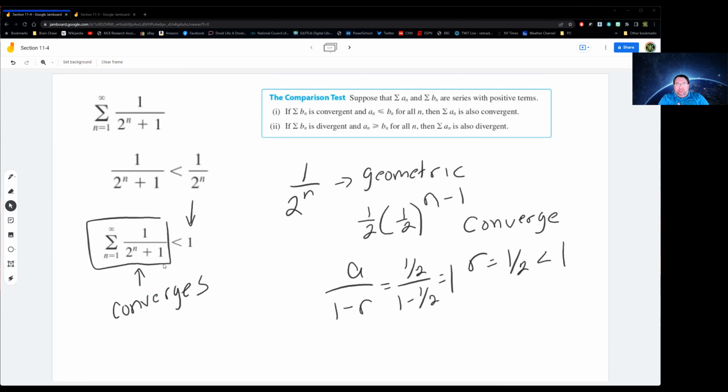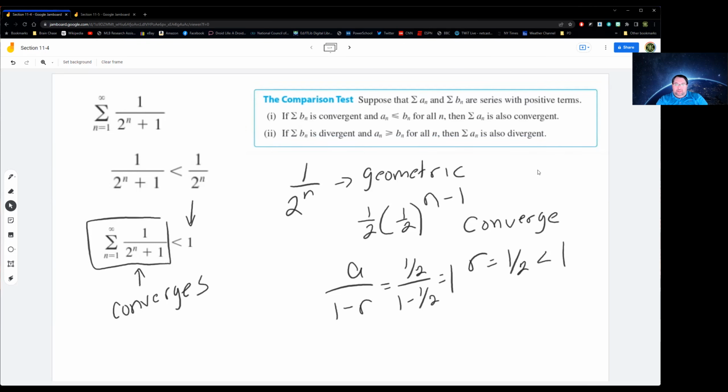We know it converges because the other thing that I'm comparing it to converges, and this always has got to be less than that. And that's the basis of the comparison test. The comparison test is two different ways to look at it.